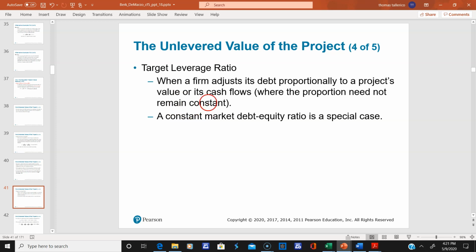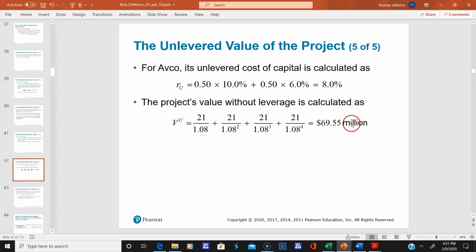A constant market debt to equity ratio is just a simple special case of the target leverage ratio. Here's the unlevered cost of capital, which is quite easy to calculate: 50% debt and 50% equity, as we were given. Here's the required return, and here's the required return. We know those numbers, so this comes out to simply 8%.